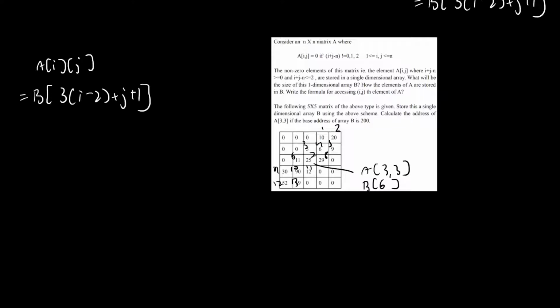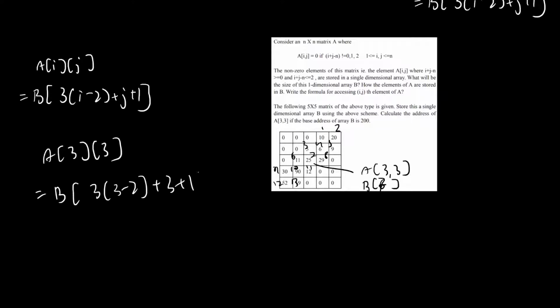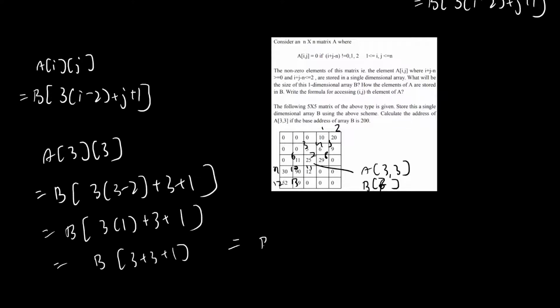So A3,3 equals B, 3 times, okay, so here i would be 3. 3 minus 2 plus 3 plus 1 equals B, 3 times 1 plus 3 plus 1 equals B, 3 plus 3 plus 1 equals B7. So this is indeed correct.